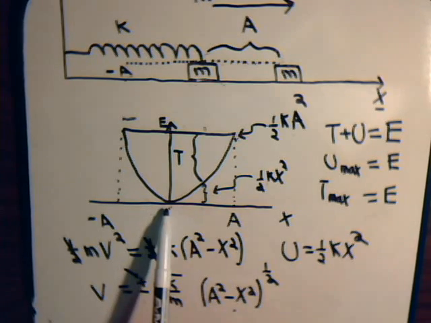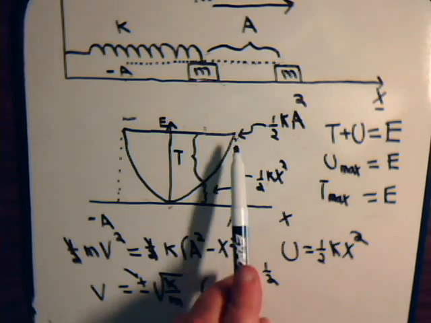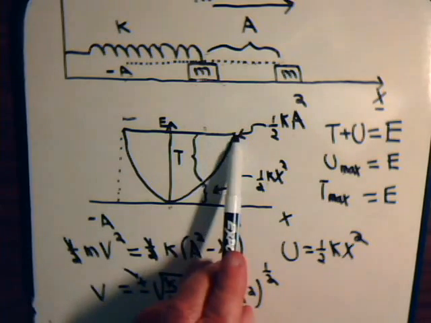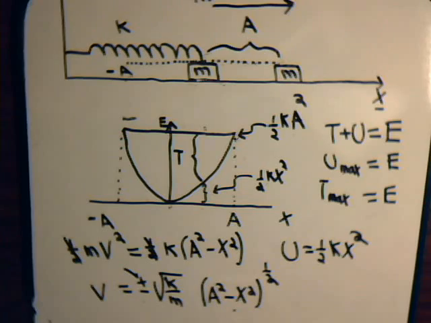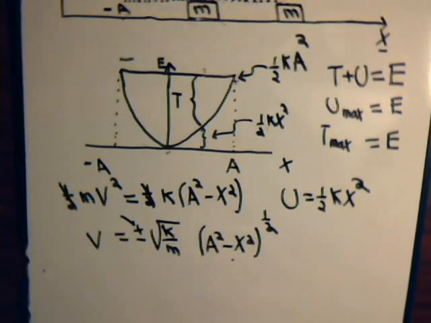So the kinetic energy has its maximum value here. The potential energy has maximum value at the maximum points of displacement. Let's see, is there anything else that we can derive from these equations?